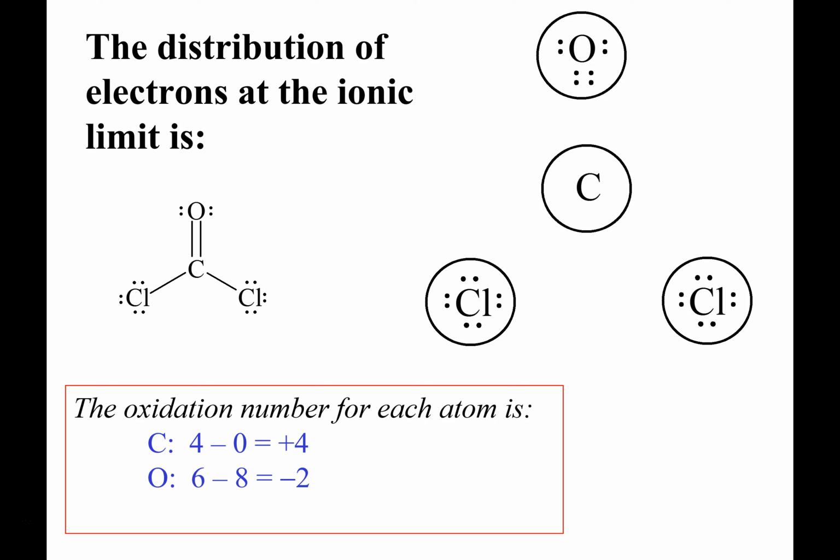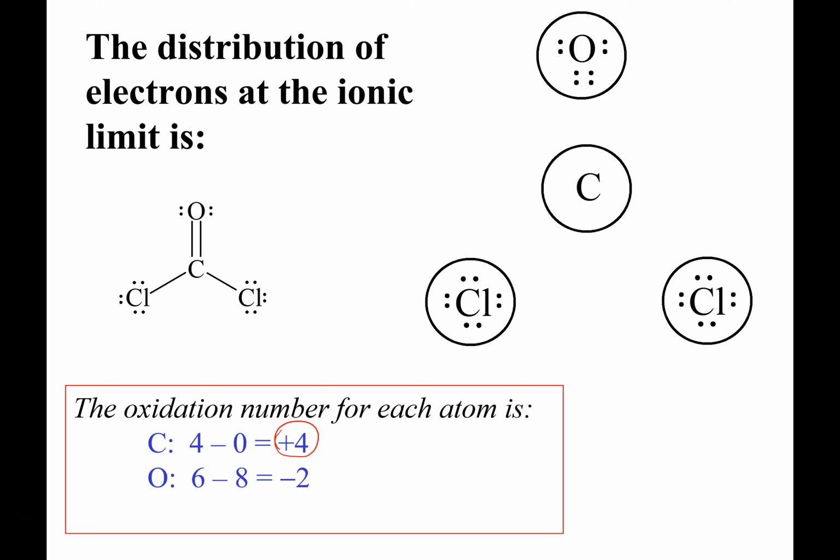And in this situation, at the ionic limit, oxygen has 8 electrons. So 6 minus 8 is -2. So yes, oxidation numbers are positive and negative. 4 minus 0 is 4, but I emphasize plus 4. That's quite common, because a plus or a negative oxidation number is a big deal. They don't have to be integers, but mostly they're integers.